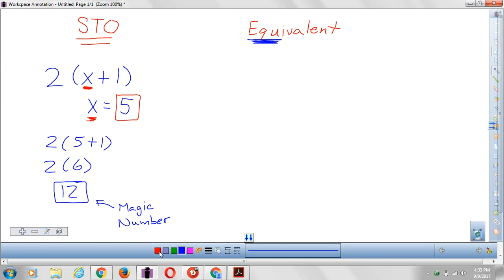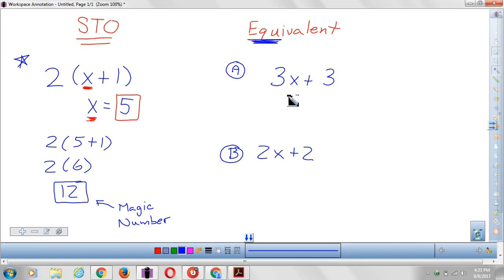So which algebra will be equal to this original expression over here, this 2 times x plus 1? Which algebra is equal to it? And right here I can see that I have choice A, which is 3x plus 3, or choice B, which is 2x plus 2. So which one is going to be equivalent?